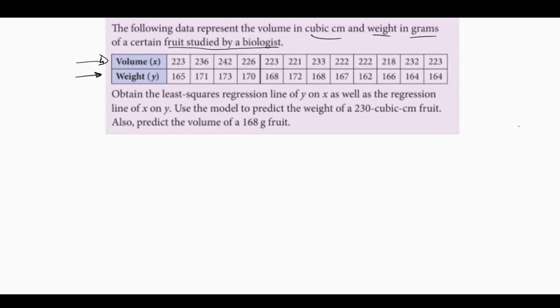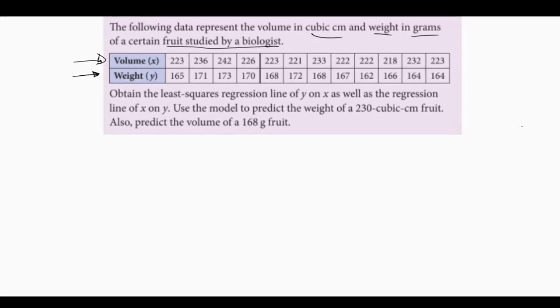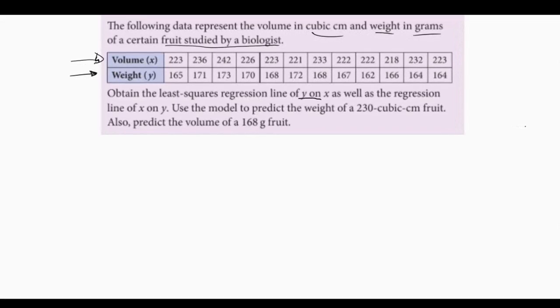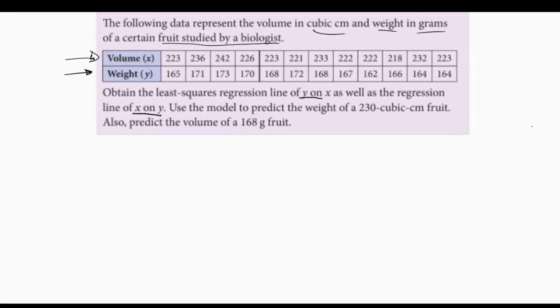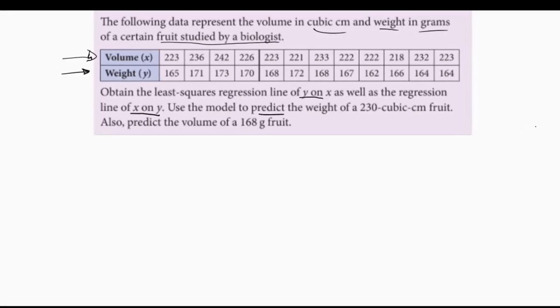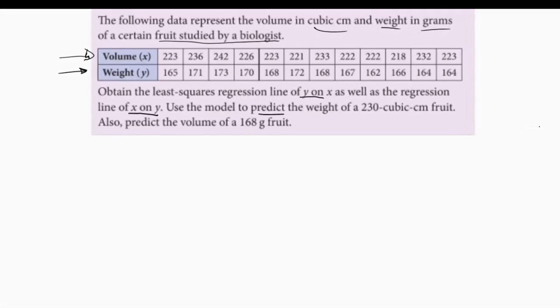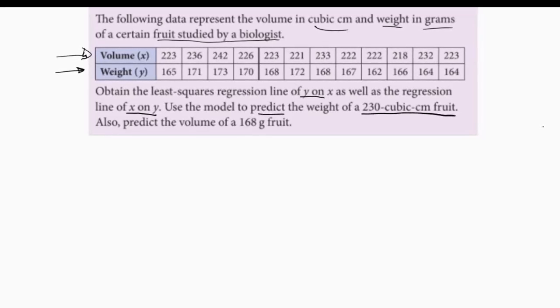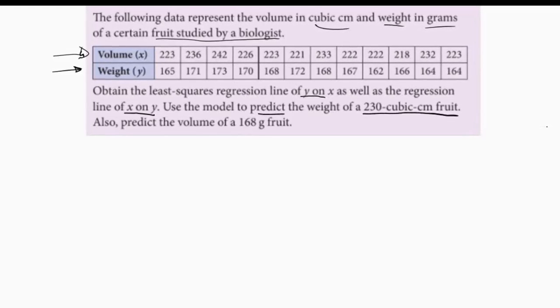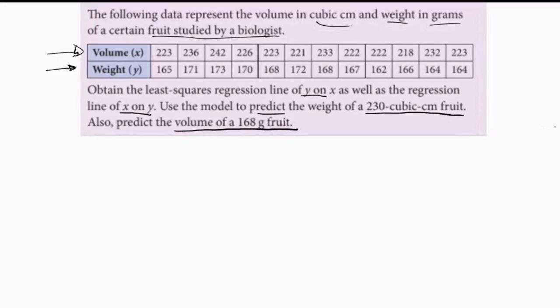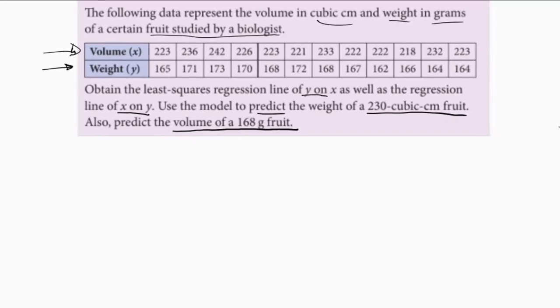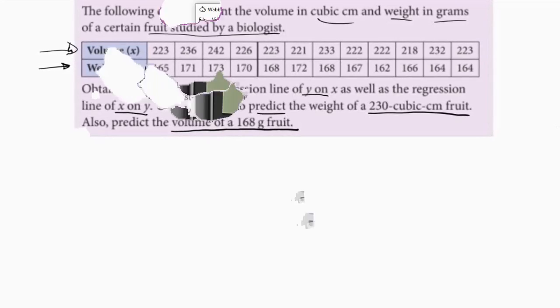So it says obtain the least squares regression line of Y on X as well as the regression of X on Y. Use the model to predict the weight of a 230 cubic centimeter fruit and also predict the volume of a 168 gram fruit. So for this, we're going to use the GDC.